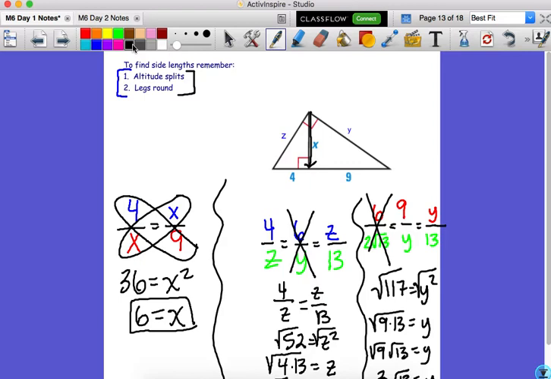So the altitude splits rule says that the altitude will always equal the square root of the number on the left times the number on the right. In other words, in this case, x will equal the square root of 4 times 9. I'm going to rewrite that with that 4 first.